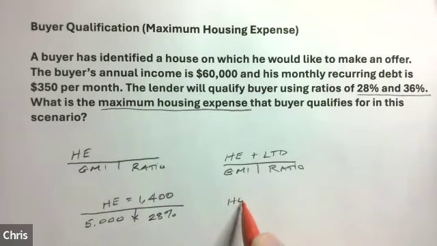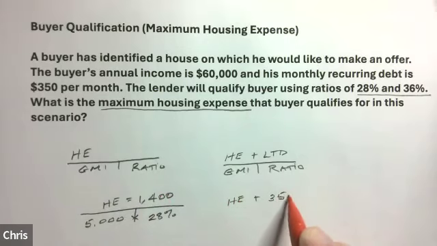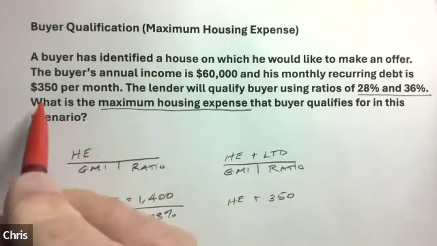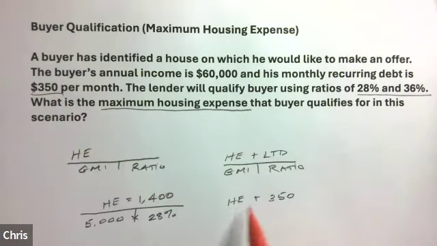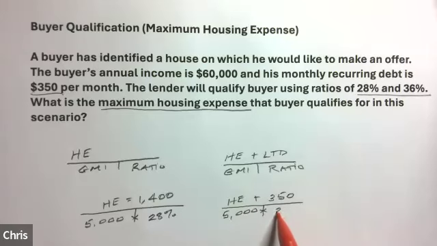Remember, the variable that we're looking for is the housing expense. To get there, we're going to add in his long-term debt of 350, given. His income stays the same. And remember, on the back end, it's going to be a slightly higher ratio because it includes all his debt. 5,000 times 36% is going to be 1,800.